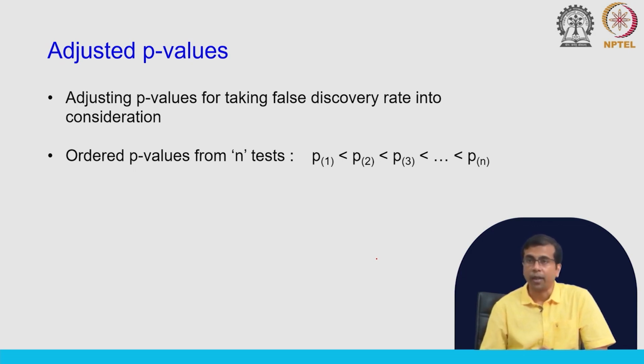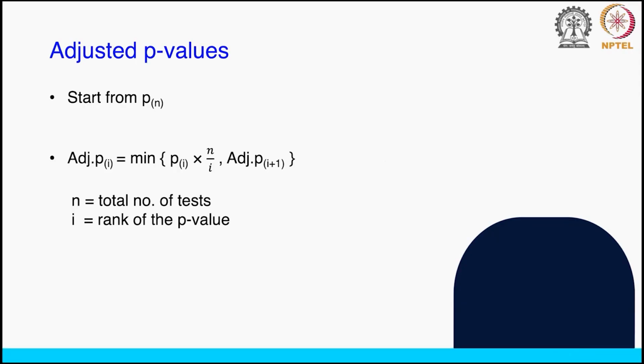Going back, we have these ordered p values from n tests, from p 1 to p n, and we start from p n, the last, largest p value, and we calculate the adjusted p value. So, adjusted p I is the minimum of p I times n divided by I, and p I plus 1.